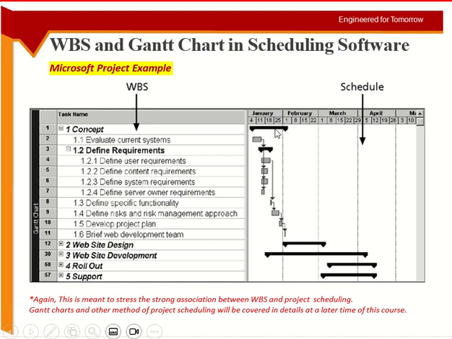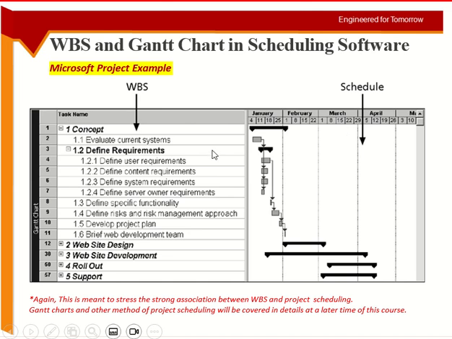This black line depends upon the timeline of these activities. If I took this activity and moved it from January to March, this black timeline will automatically move to March.